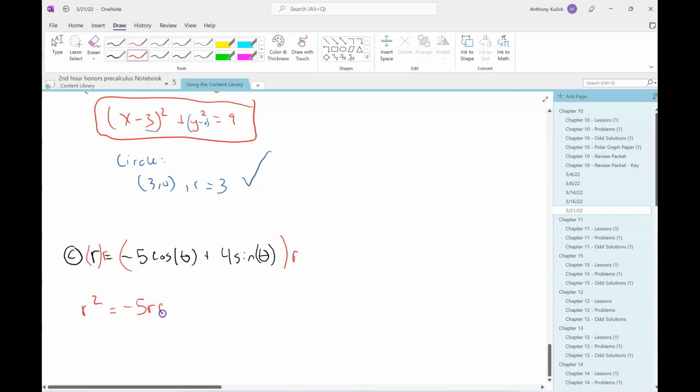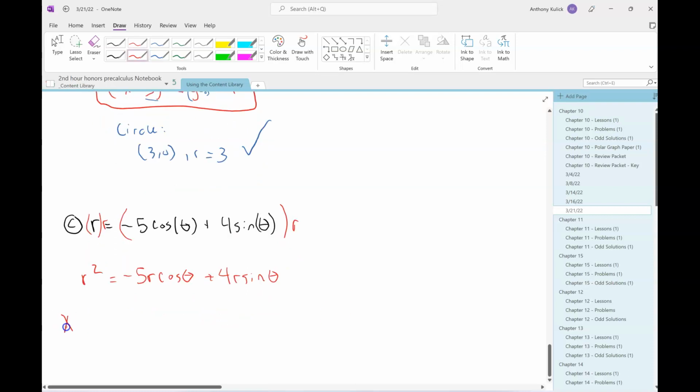And that gives me negative 5r cosine theta plus 4r sine theta on the right-hand side. Remember, r squared is x squared plus y squared. r cosine theta is x, and r sine theta is y.